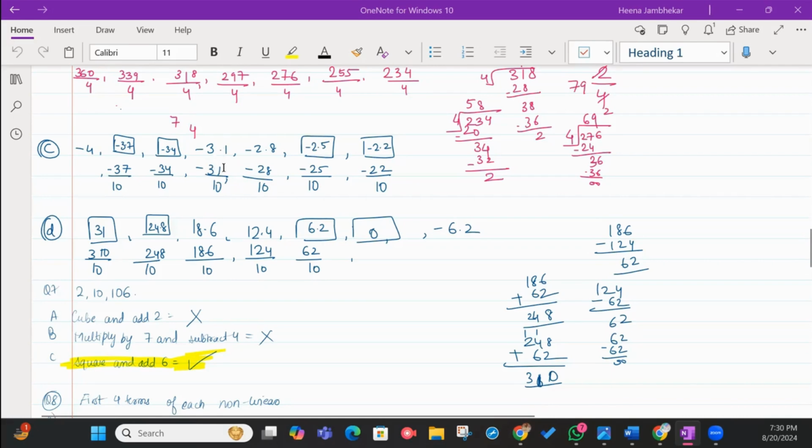From -31, you're moving to -28. So this is increasing. It's nothing but the difference of 3, right?